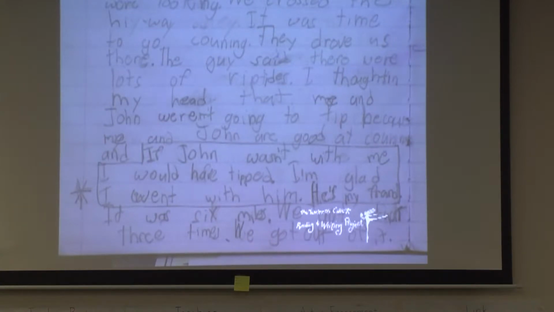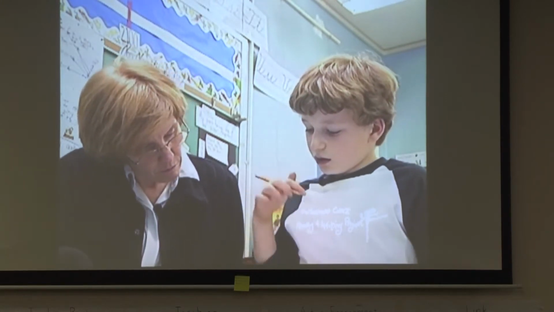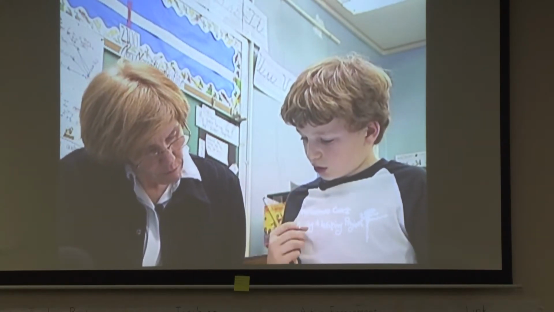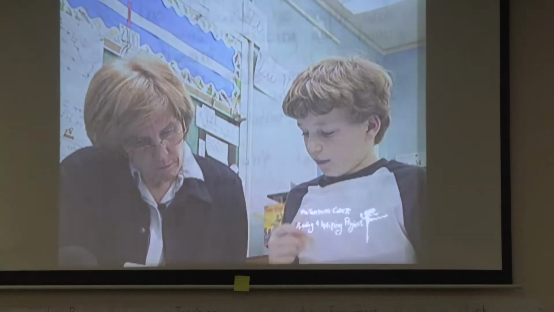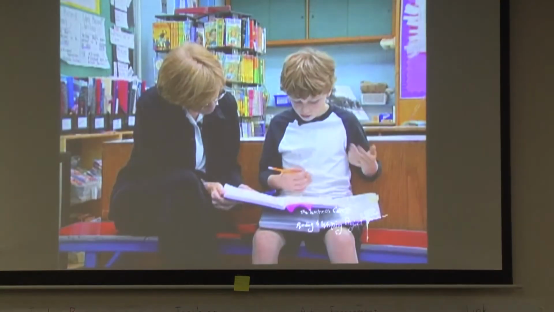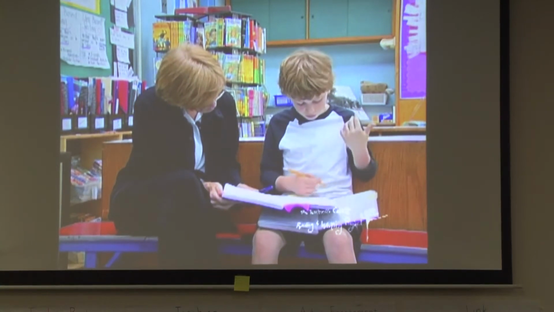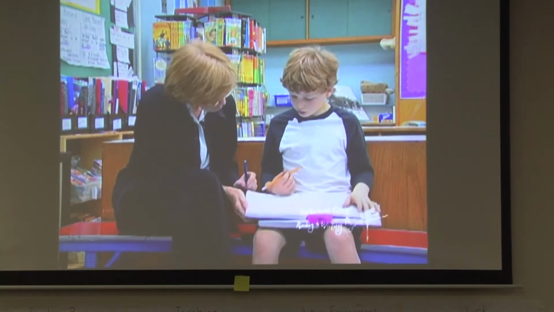I'm glad that I went with him. He's my friend. And here, I have much more about friendship, where we talk to each other. He tries to help me not be scared, and he comforts me and does all those things. But in this one, it's all about the other stuff. There's barely any part that shows a relationship.